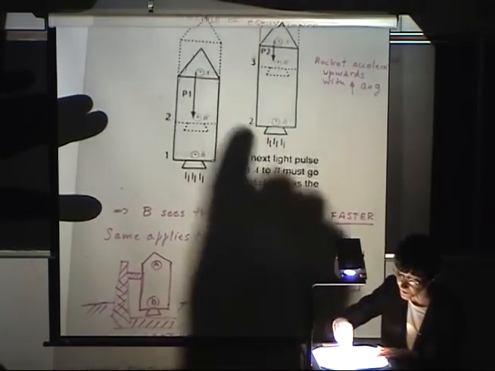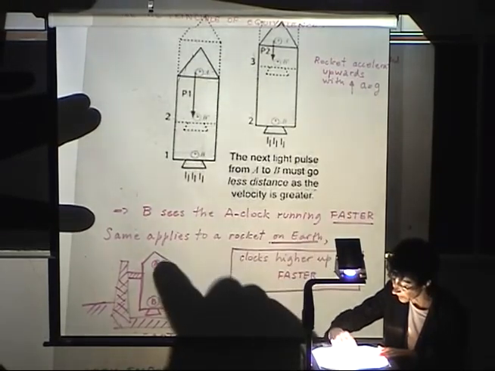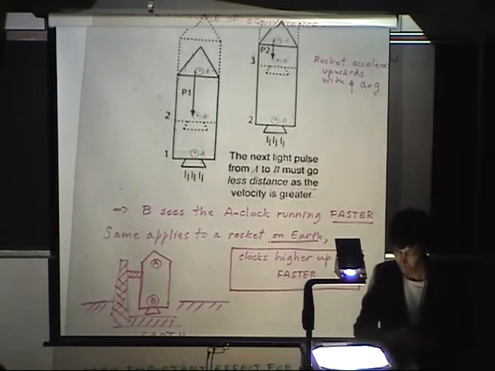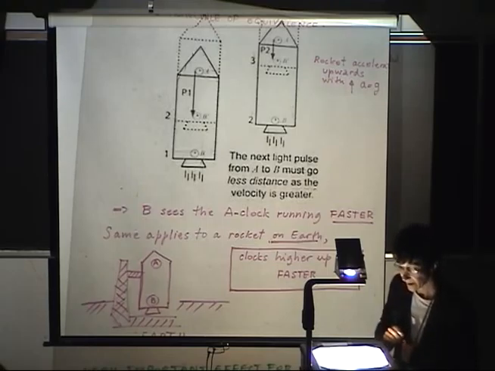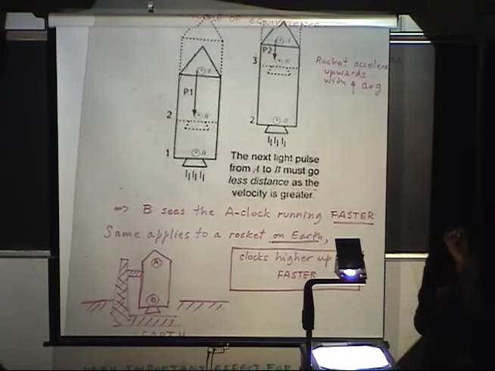So let us consider two observers, A and B, one on top and the second at the bottom of this spaceship. This spaceship is accelerating upwards. The clock A throws pulses of light at regular intervals, for example, 1 second.